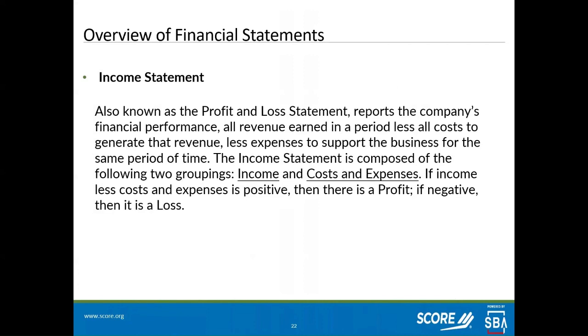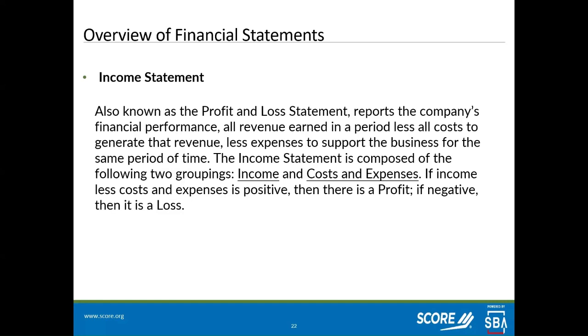In my way of defining this, costs are things that are attributable and variable with activity. So those are costs to produce an item or costs to sell a service. Expenses tend to be more associated with the ongoing business.